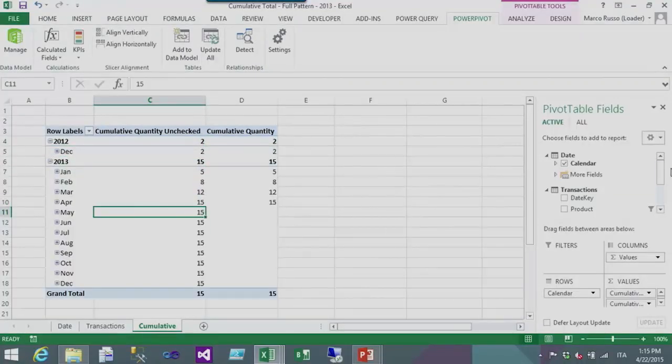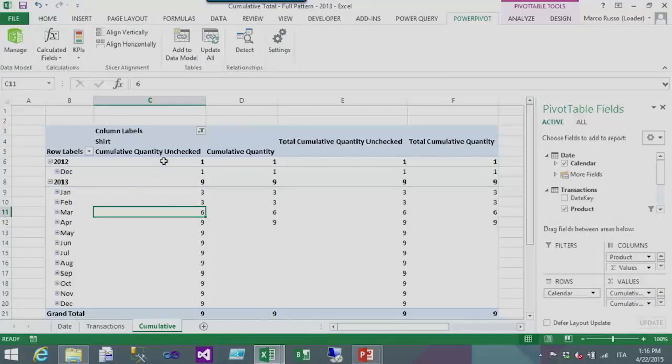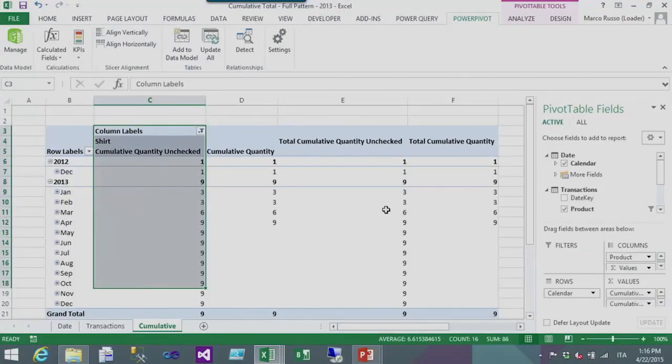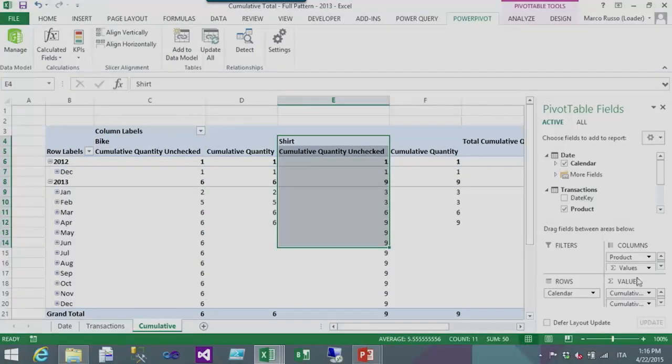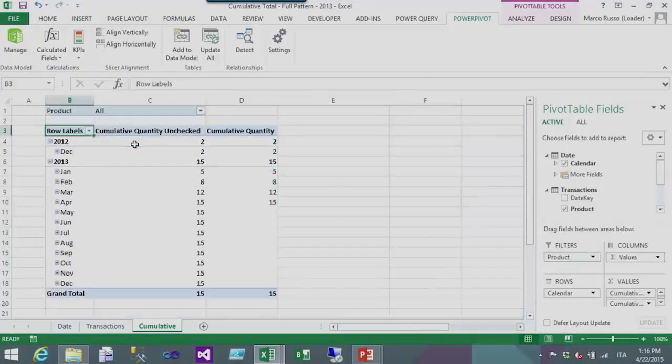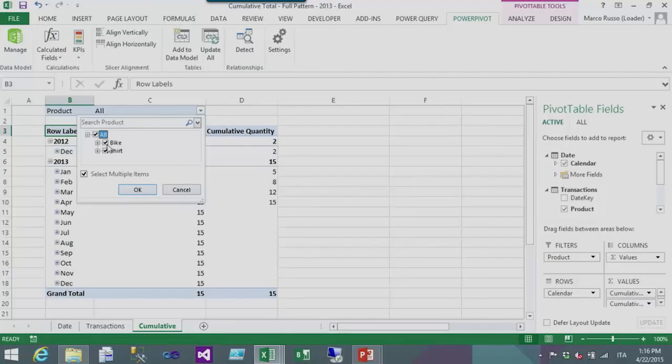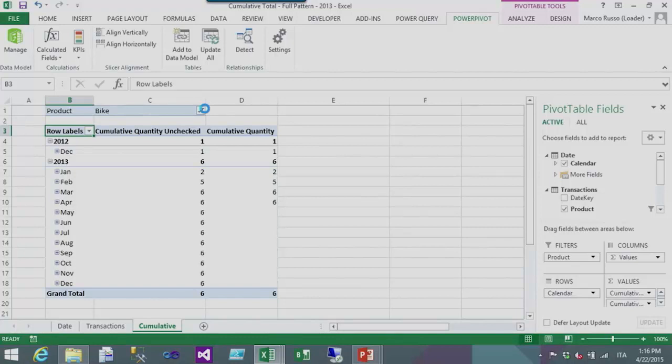And of course, if you apply the product filter here, you will see the total for the shirt product and the total for the bike product. So this is bike, this is shirt. I can put the product in the filter, so it's probably clearer. If I do this, only bikes, and I have a number, only shirt.